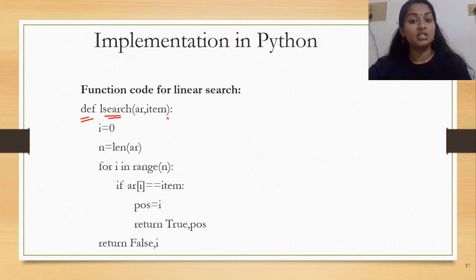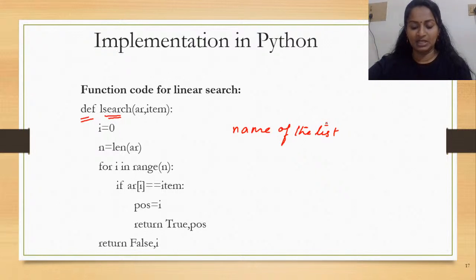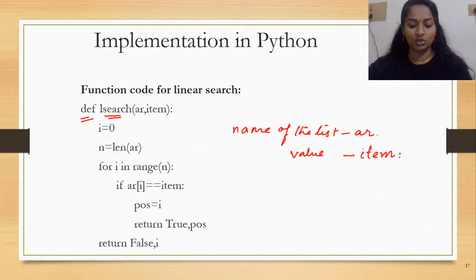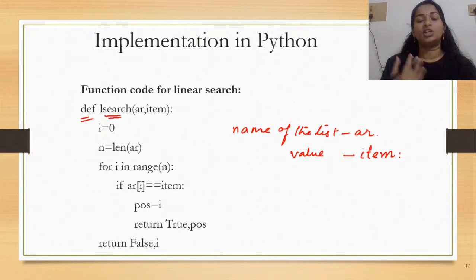Now you're passing two values as parameters. The name of the list is AR, followed by the value that is to be searched. The value to be searched is stored in the variable item. So these are the two parameters that you are passing in the function lsearch.